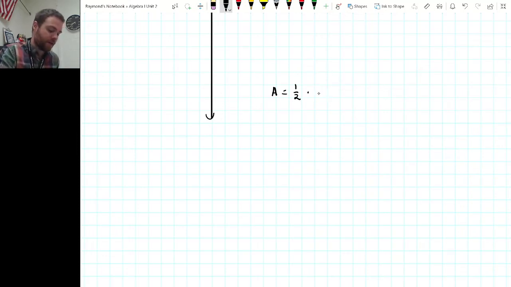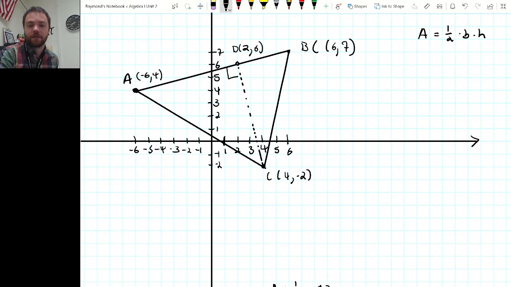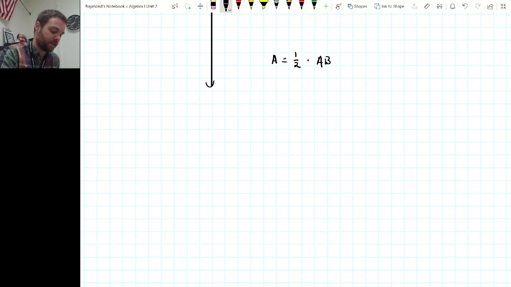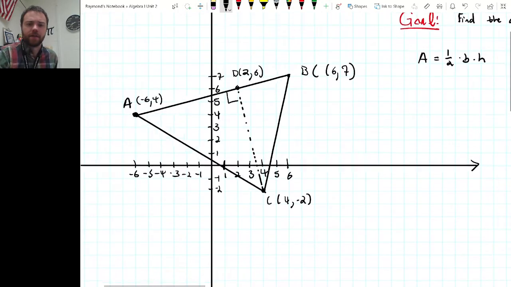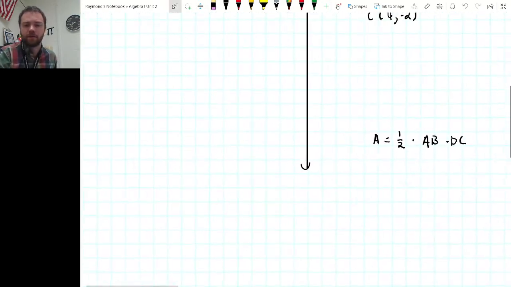Well, the base is going to be the length of AB, and then the height is going to be this length right here, the distance from the base to the peak. So that's going to be times DC. So if I can find the value of AB and DC, I've got the problem down. All I have to do is multiply from there. And it's relatively easy if you are pretty familiar with the distance formula.